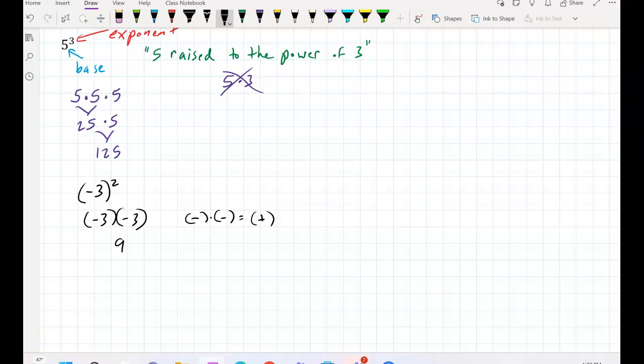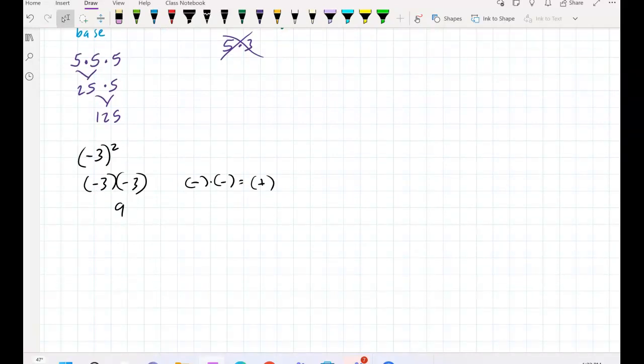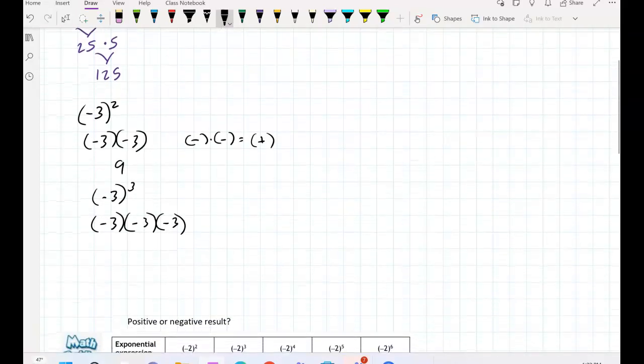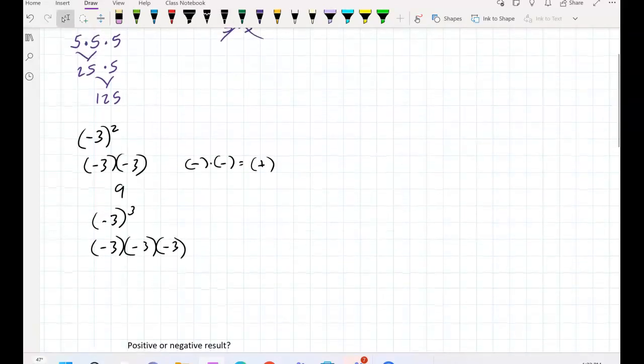Okay? But what happens if we take that same negative 3 and raise it to the power of 3? Well, then that means it's going to be negative 3 multiplied by negative 3 multiplied by negative 3. Negative 3 times negative 3 we already know is positive 9.